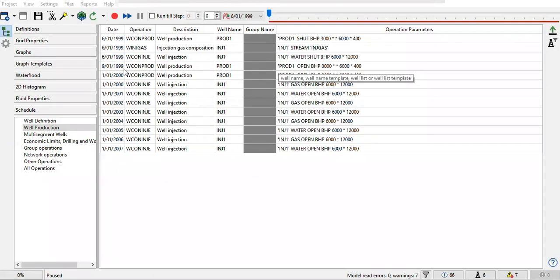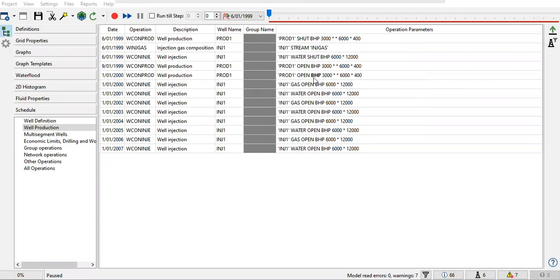And then we continue the next year. We maintain the same keyword, the same setting. Well, producer 1, status open, bottom hole pressure as the control mode, 3,000 oil rate, upper limit, and then 6,000 liquid rate, upper limit, and then the bottom hole pressure, lower limit.